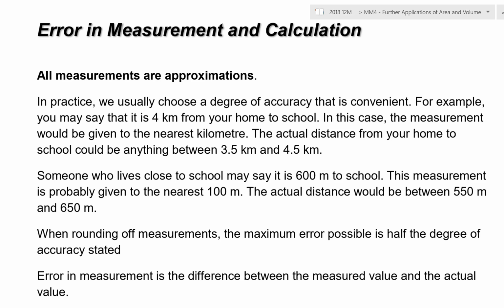So, you need to know that whenever you measure something, it's not perfect. Right? You can't measure anything perfectly. Your measuring device, whether that's a ruler or a tape measure, and we are looking at length measurements here, is going to be broken up into graduations. Now, your ruler might have centimetres on it, or it might even be broken down into millimetres. You might use something more accurate, like a pair of vernier calipers or a micrometer, which might break it down into smaller parts than even a millimetre.